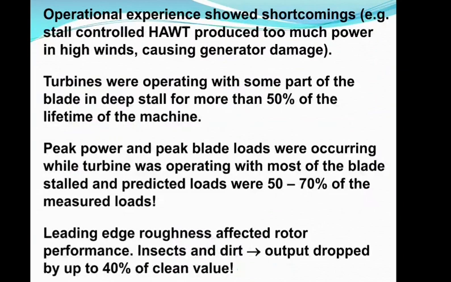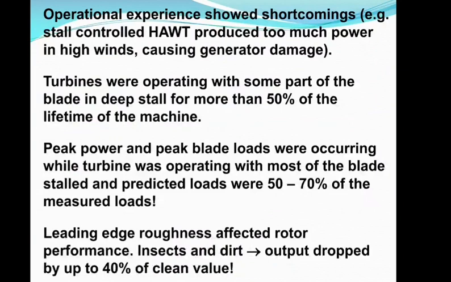Operational experience showed shortcomings. Stall-controlled horizontal axis wind turbines produce too much power in high wind, causing generator damage. That's why more focus and attention comes to the structure and design of the wind turbine. The turbines were operating with some part of the blade in deep stall for more than 50% of the lifetime of the machine.